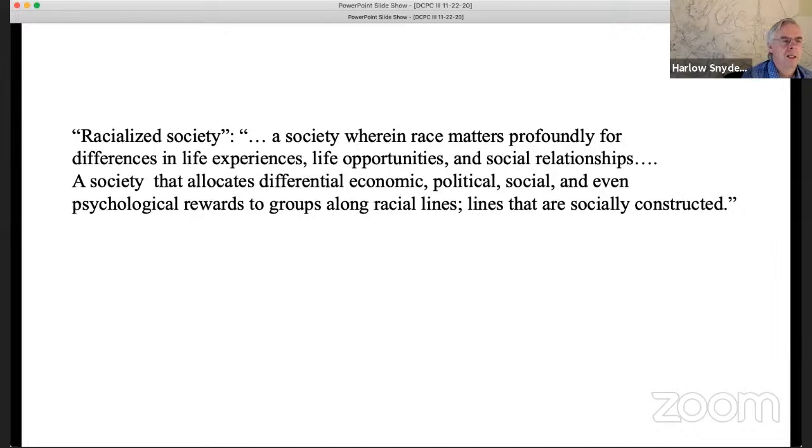A racialized society is a society wherein race matters profoundly for differences in life experiences, life opportunities, and social relationships. It's a society that allocates differential economic, political, social, and even psychological rewards to groups along racial lines that are socially constructed.